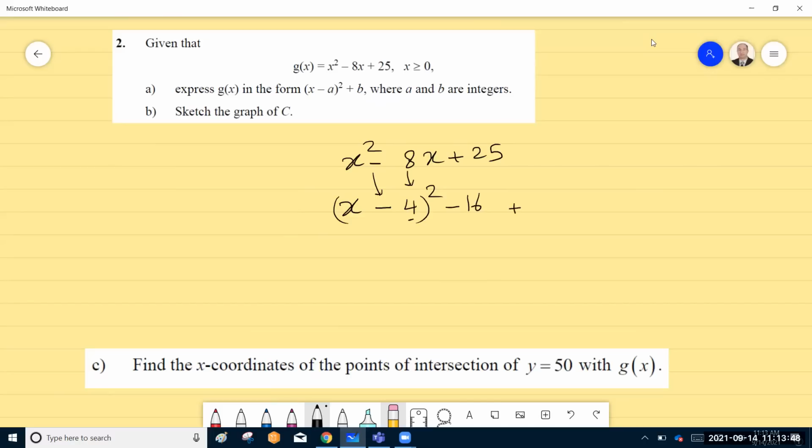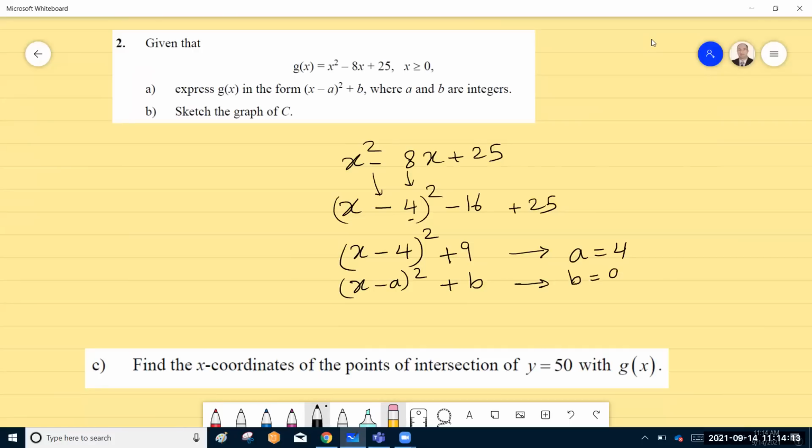Continue writing the expression plus 25. So (x minus 4) all squared plus 25 minus 16, which is 9. This is the completed square form. By comparing with (x minus a) all squared plus b, you get a is 4 and b is 9.